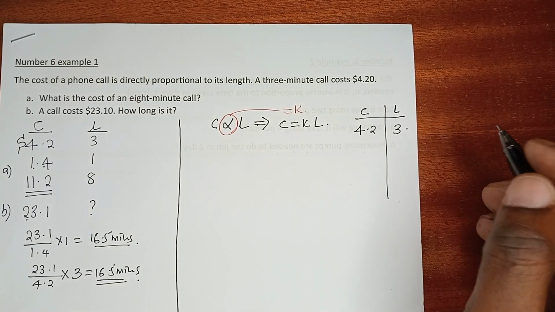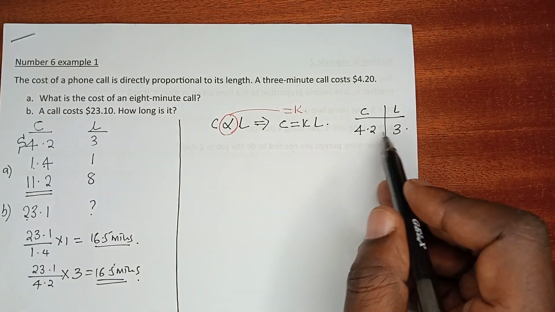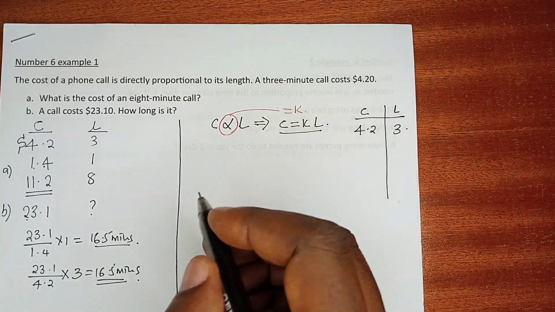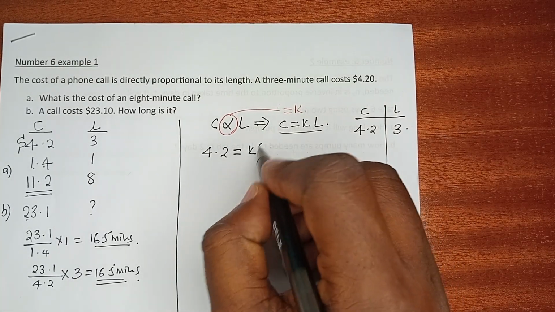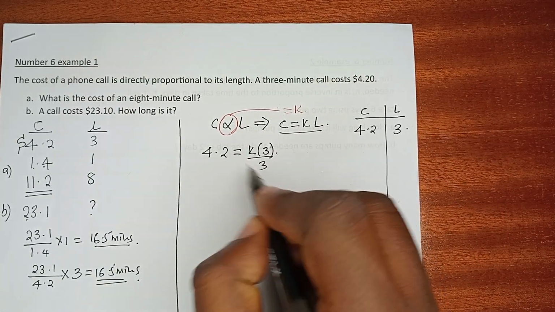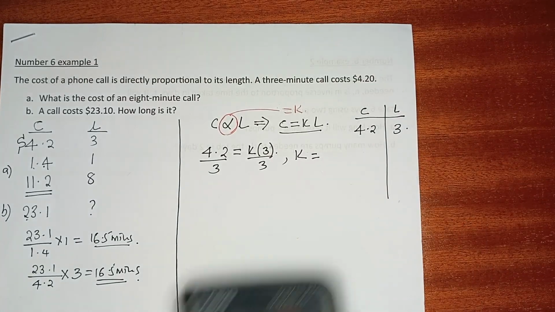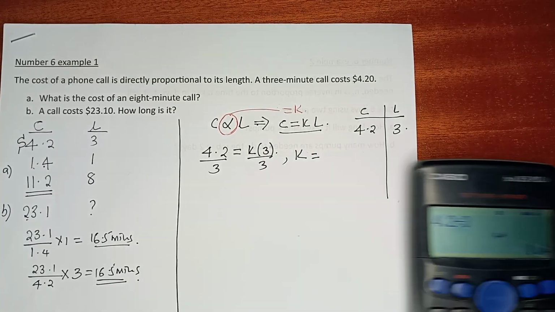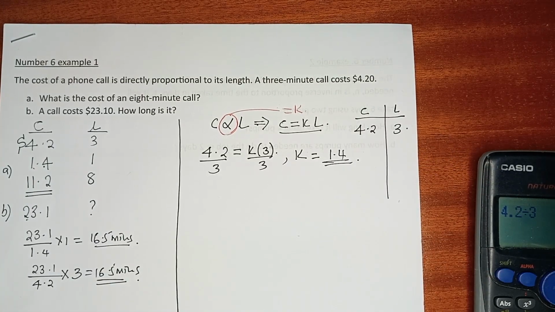Now, if we want to get the value of k, we must use these details to substitute in this new relationship, and we have to say 4.2 is equals to k times 3, because the length is 3. Divide both sides by 3, and you realize that the constant k is 4.2 divided by 3, which is 1.4. That is the constant of proportionality.